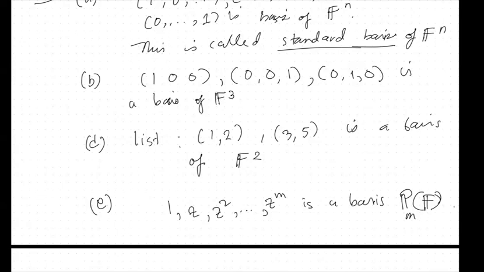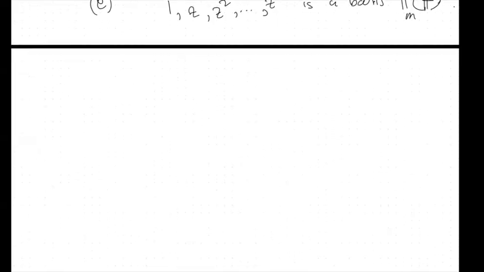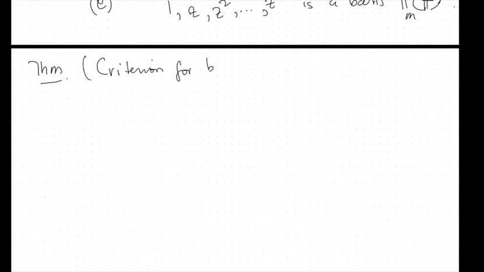So now we will have some criterion for basis. Let me state this as a theorem, the basis criterion. This is just a theorem which determines another characterization: a basis is a spanning set, and it is also a minimal spanning set. Here is another definition of a basis.